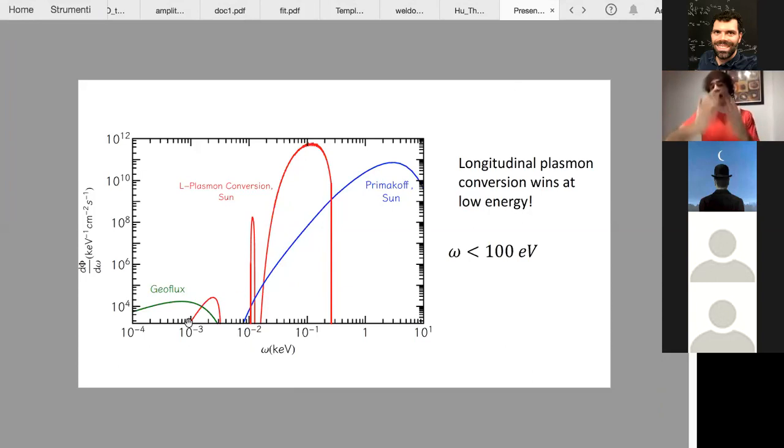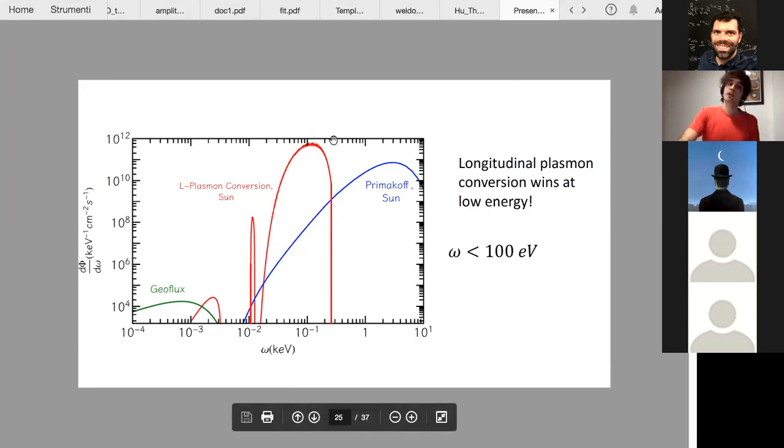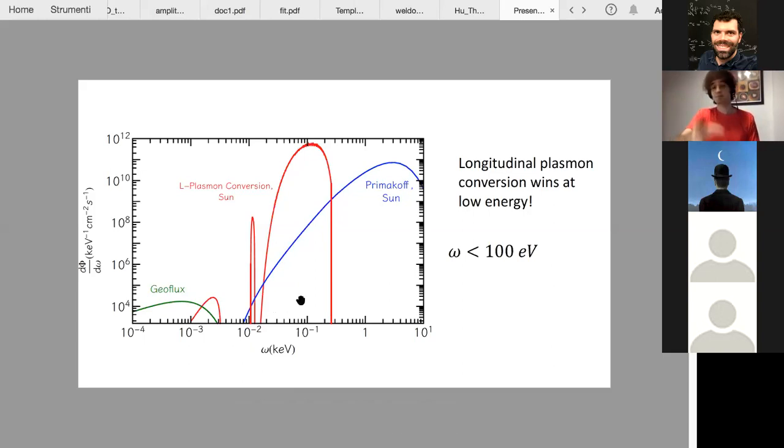These are the axions produced through longitudinal plasmon conversion within the seismic model of the sun that I showed you before. And you can really understand it, because notice this first peak. This first peak is around 100 electron volts and is precisely the plasma frequency in the interior part of the sun.